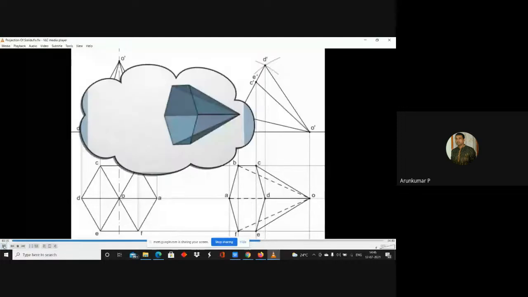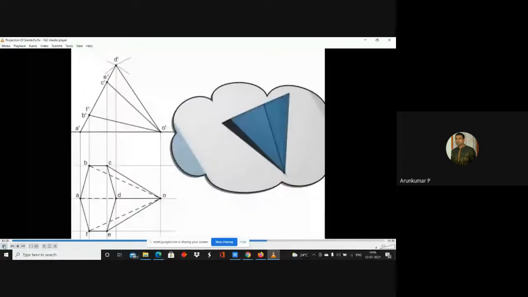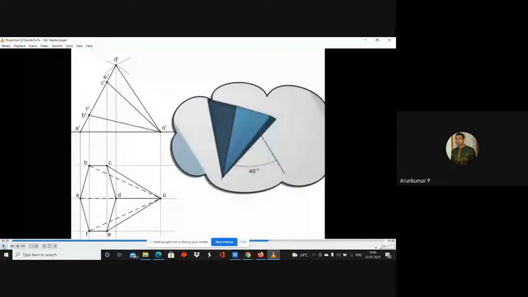Third step, OA, that is the lateral edge which you put on HP, which you made to rest on HP, that is inclined to VP by 45 degrees. Okay, so please observe.